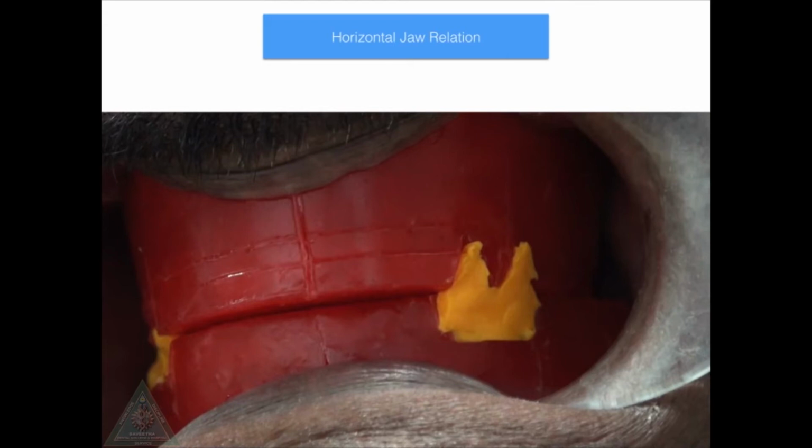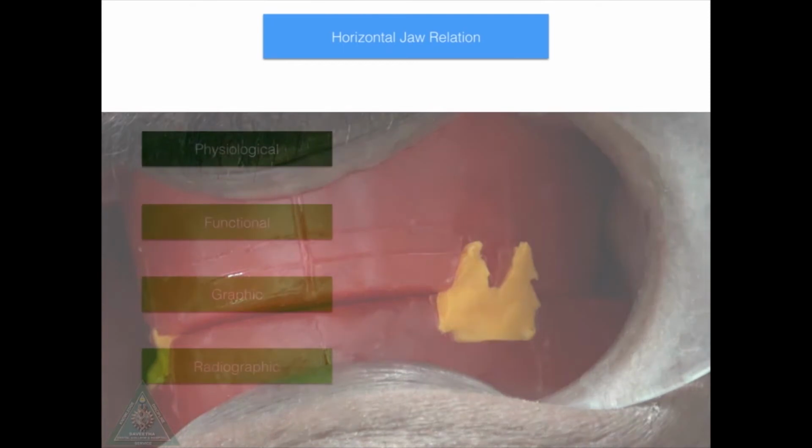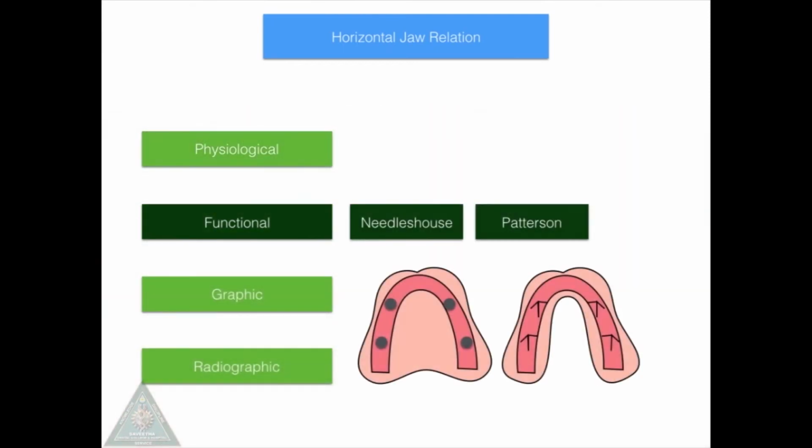The next method is the graphic method of recording jaw relation. Here we use what is called a central bearing device. It involves a central bearing plate, usually attached to the upper denture base, and a central bearing pin, usually attached to the lower temporary denture base. We ask the patient to make multiple movements, again forward, backward, right and left.